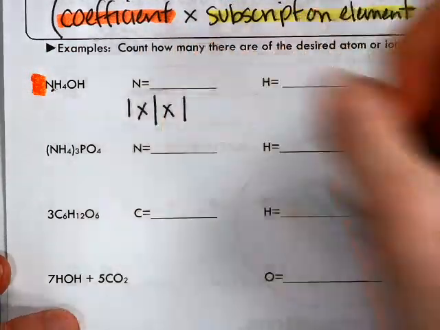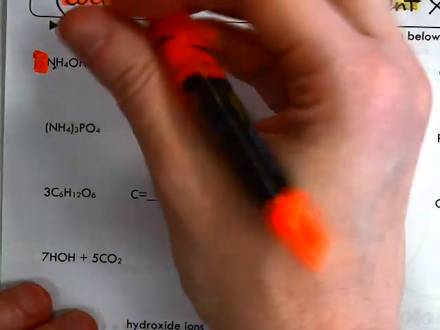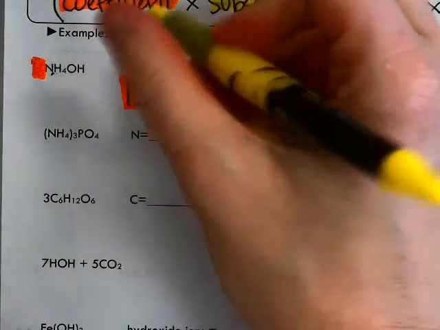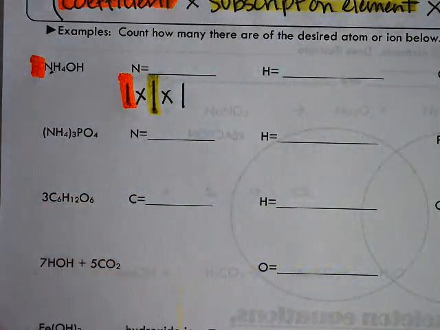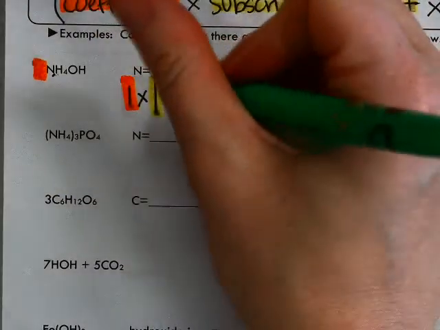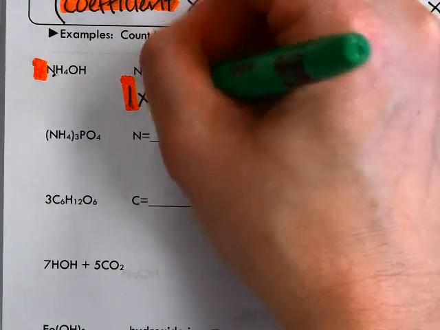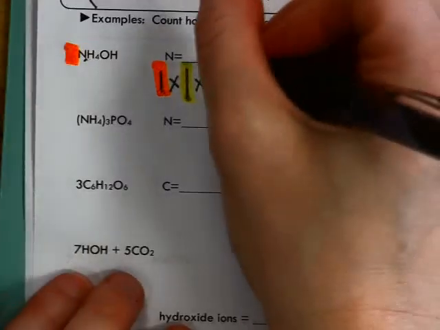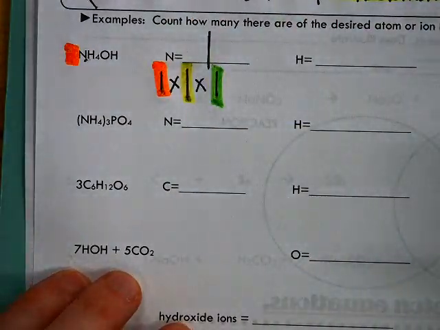And then there are no parentheses, so we would keep it a 1. So again, there's the coefficient out in front. Here's the subscript. And since there are no parentheses, we put a 1. And so we have 1 nitrogen.